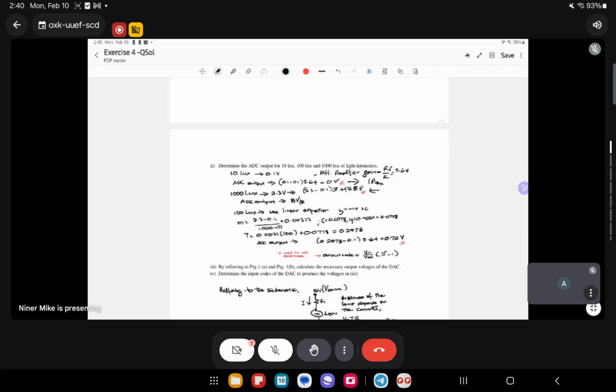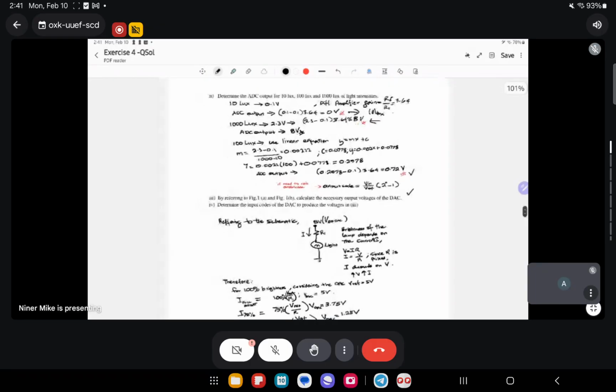You have to use y equals mx plus c, calculate m and also c, and then you can get the value of the output, which is equal to this. And then you get 0.72, then to calculate in terms of digital, you can use this formula. Okay, that's it.